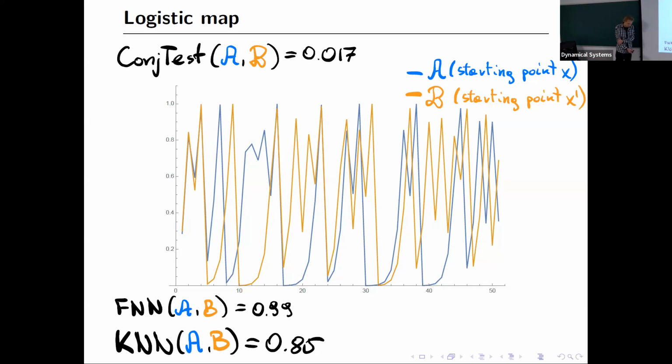But conjugacy increases slowly, which is okay. If you want to test for pure conjugacy, then FNN can detect that it's not conjugated faster, but conjugacy behaves sort of continuously with respect to a change of starting point.